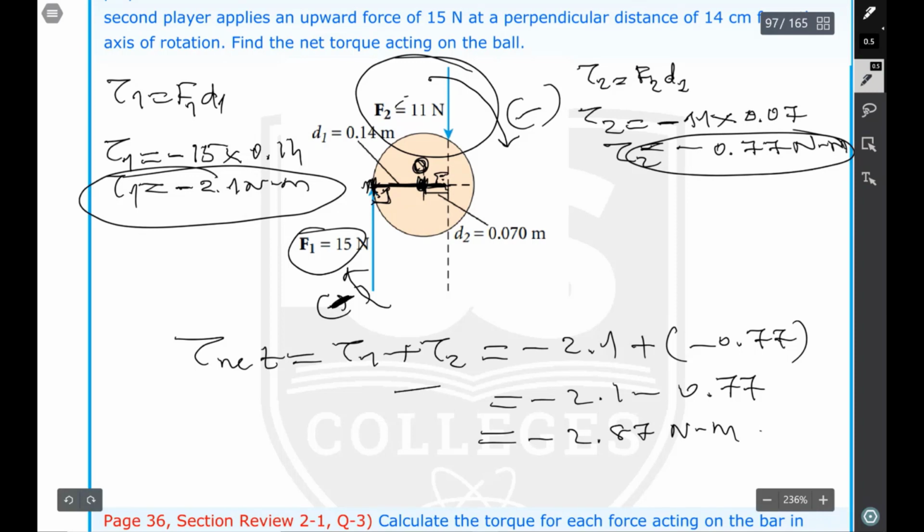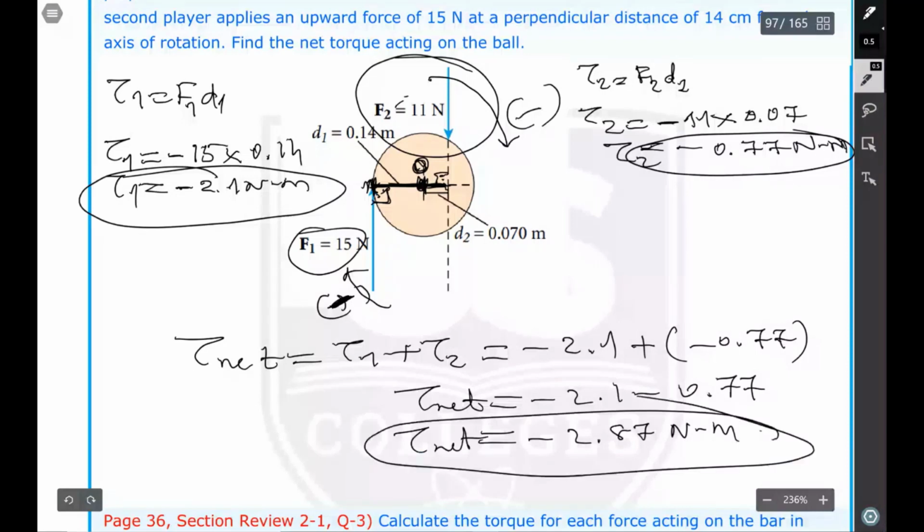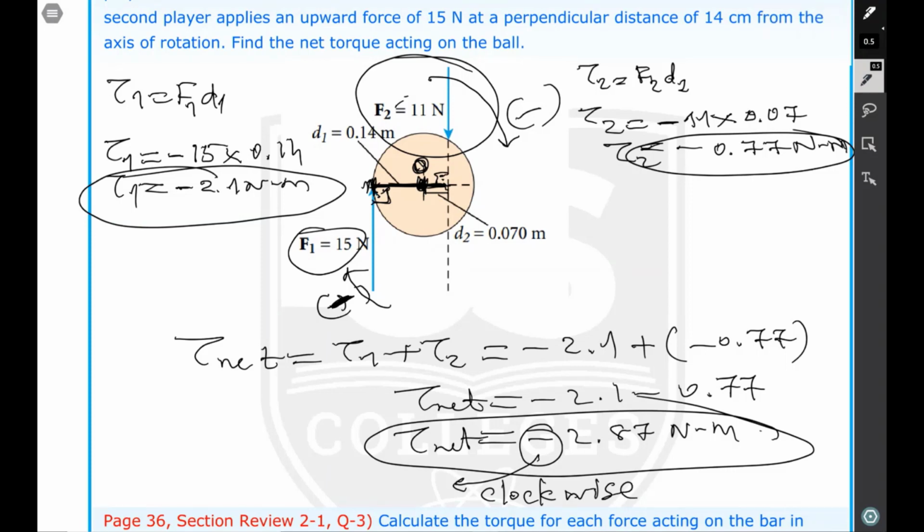The net torque acting on this basketball is negative 2.87 Newton meter. Because the net torque is negative, this basketball is rotating clockwise.